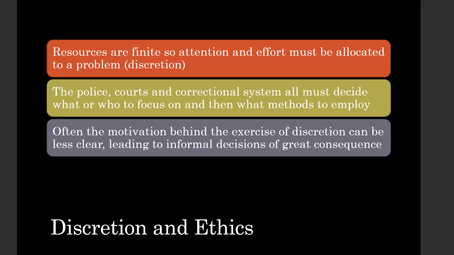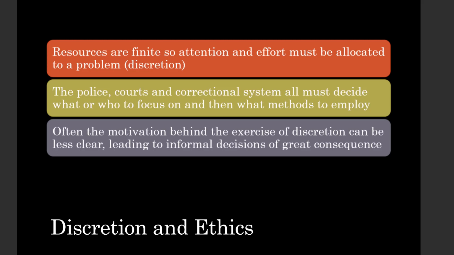One of the things, and now your book starts to talk about discretion, and I kind of changed the order. If you're following along in the text, you'll notice that I put a lot of the crime in focus, the violent crime, at the front, and then I put the discretion or ethics here at the back a little bit. Resources are finite, so the amount of attention and effort you can allocate to any problem has to be weighed against what you're going to do for the rest.